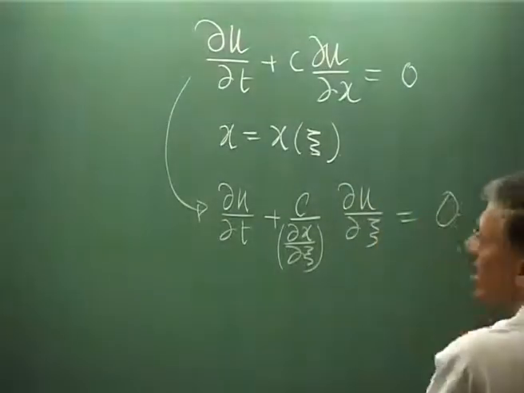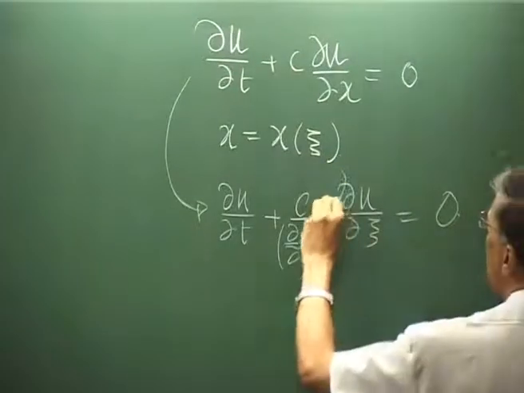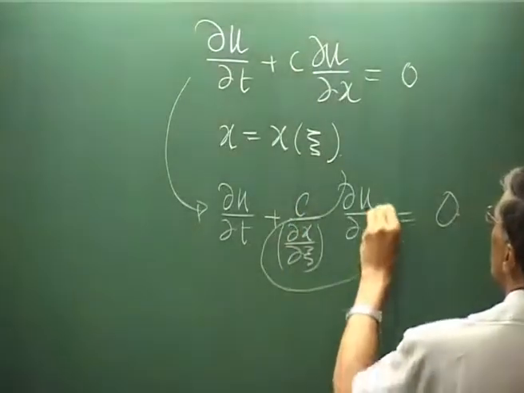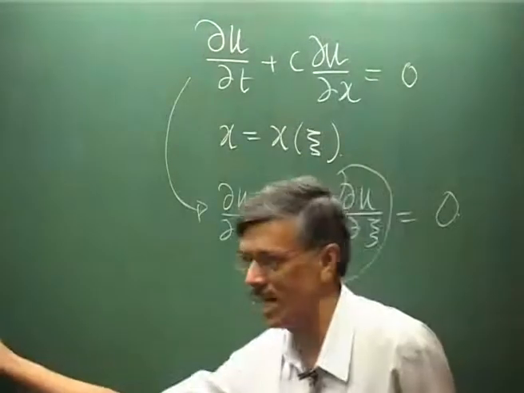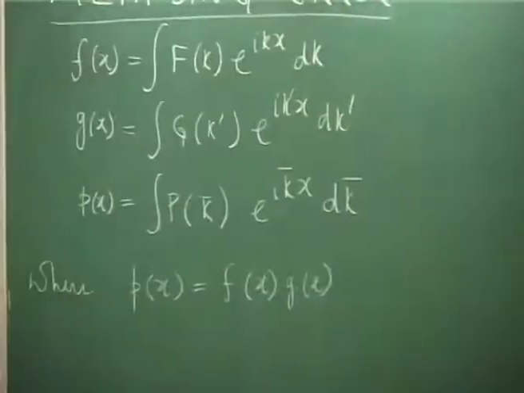So, you can see that even for a linear equation we have to evaluate a product: del u del xi as well as del x del xi are both functions of xi. So, this is what we are seeing here on this side.